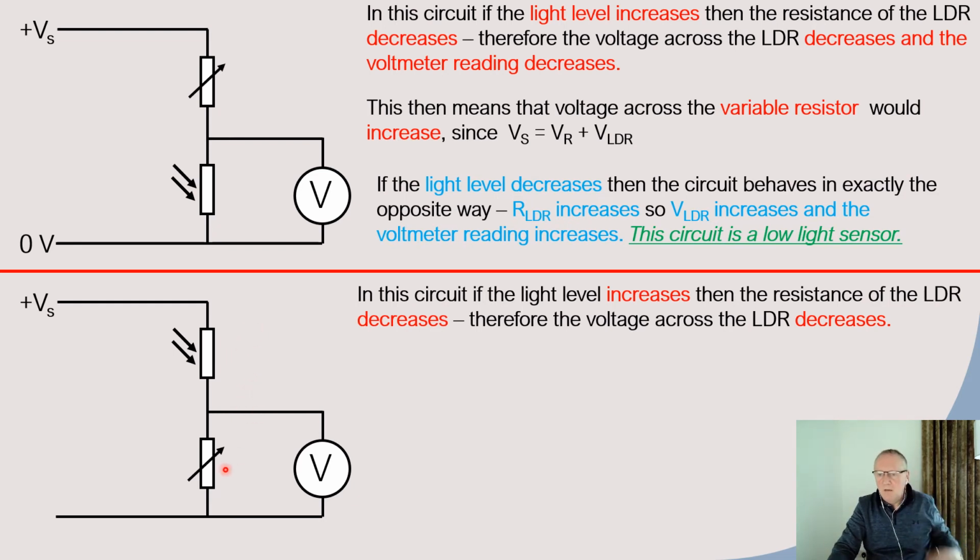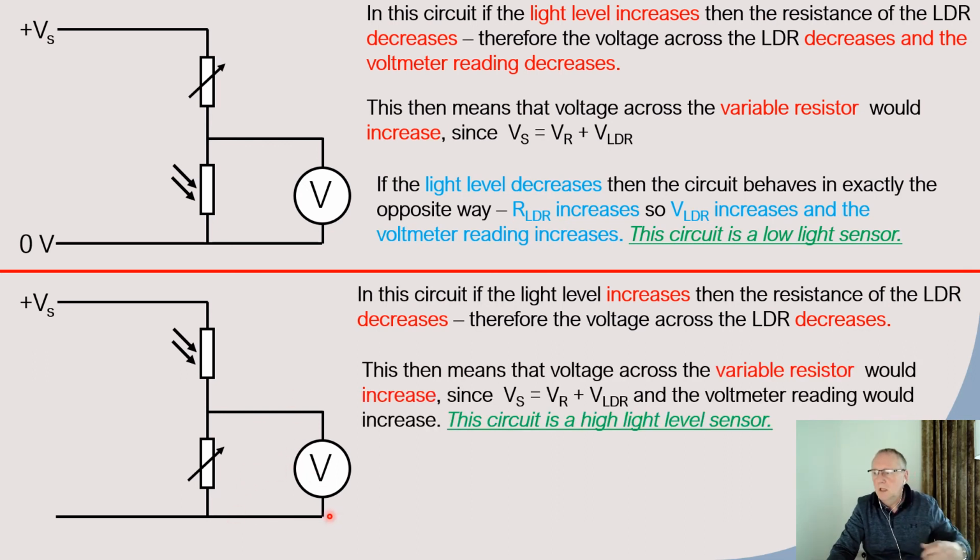So then how does that affect the voltmeter reading? How does that affect the voltage across the variable resistor? Well, remember, the voltages across them have got to add up to the supply voltage. So if that voltage is getting smaller, this voltage must be getting bigger, and so therefore the voltage across that is increasing and the voltmeter reading is increasing.